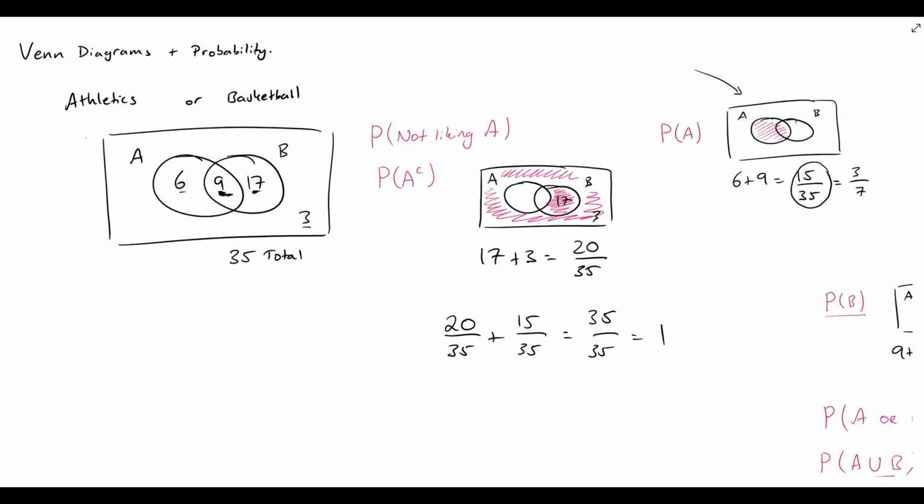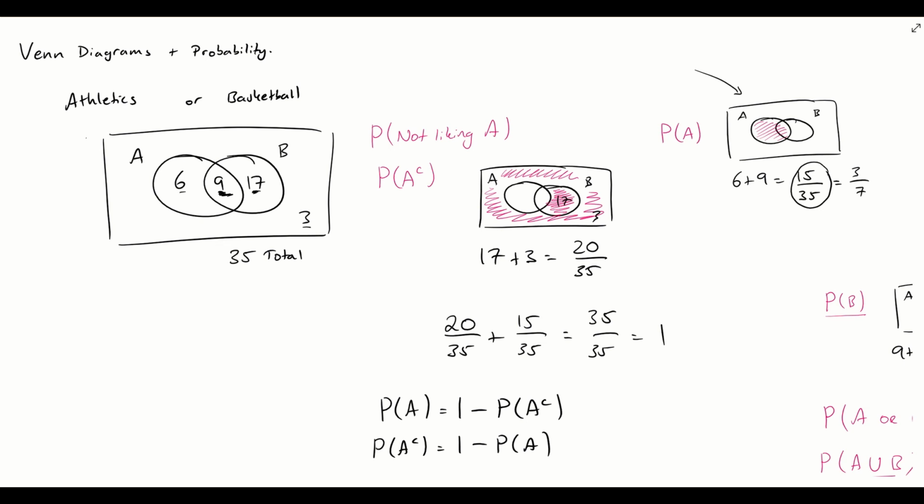That is because the probability of us pulling out somebody that doesn't like athletics is everything left over from the probability of somebody that does like athletics. So we can say that the probability of A is equal to 1 minus the probability of the complement of A. Or in other words, the probability of the complement of A is 1 minus the probability of A.